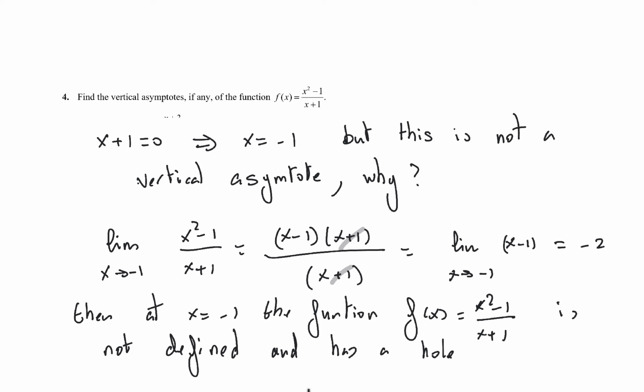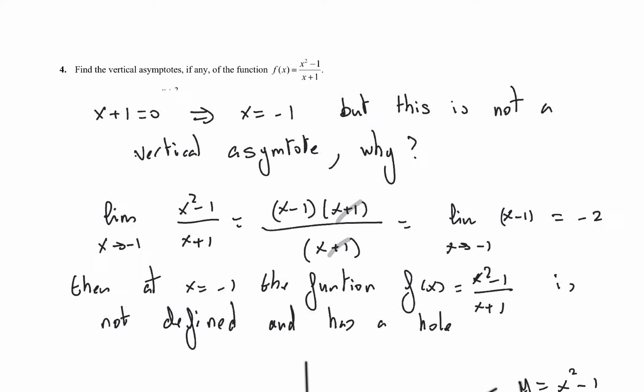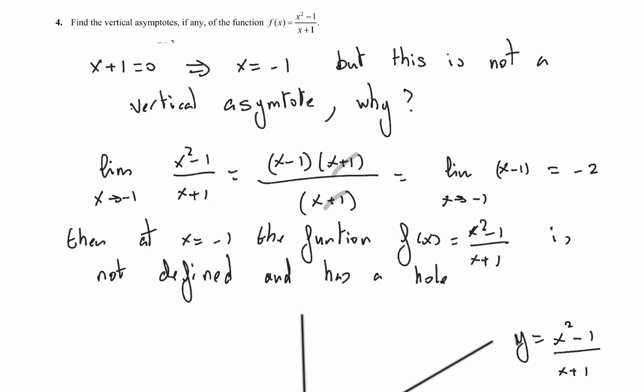Why? Because when you take the limit as x goes to minus 1 of x squared minus 1 divided by x plus 1, you factor x squared minus 1 as x minus 1 multiplied by x plus 1, like we have learned in a previous lesson. Divided by x plus 1, this will be cancelled, so it will stay as the limit when x tends to minus 1 of x minus 1.